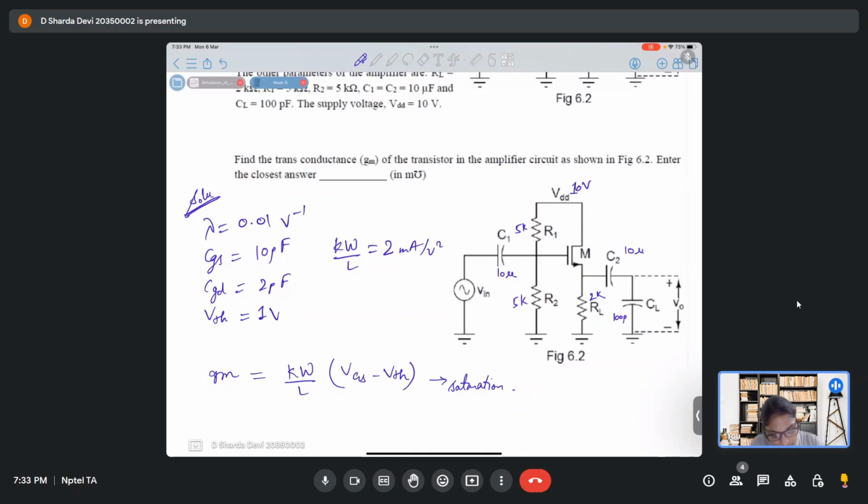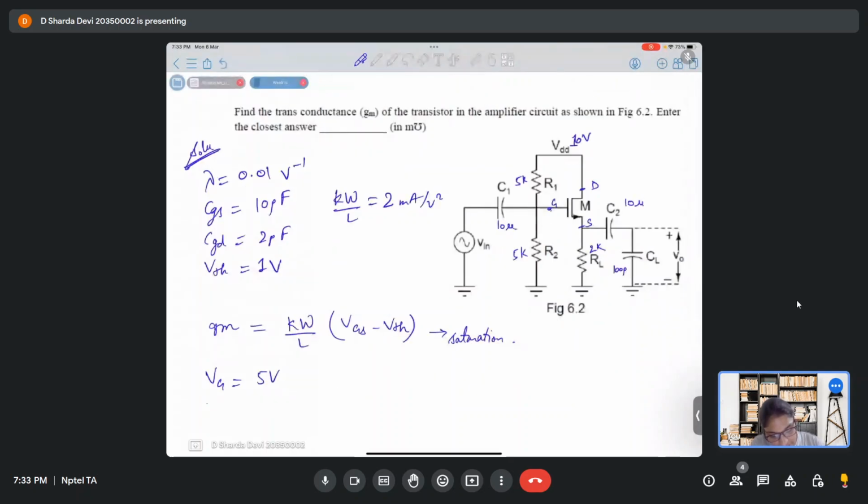What is the gate potential? VG will be 5 volts, as both the resistors are 5 kilo ohms. So VG is 5 volts. Let's assume the transistor to be in saturation.